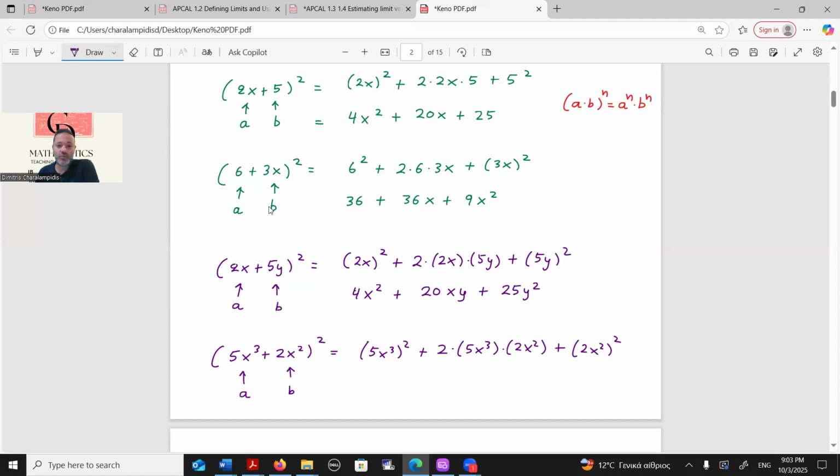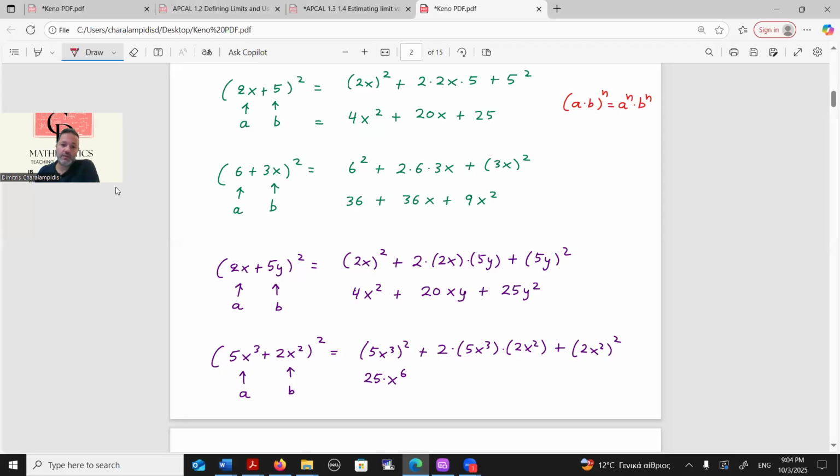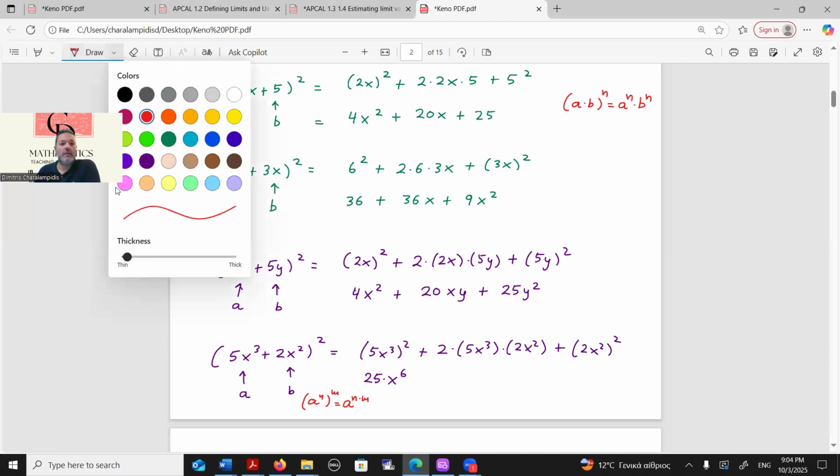5x cubed squared would be equal to 25 times x to the power of 6, because I used this thing, a to the power of n, and all that to the power of m is a to the power of n times m.